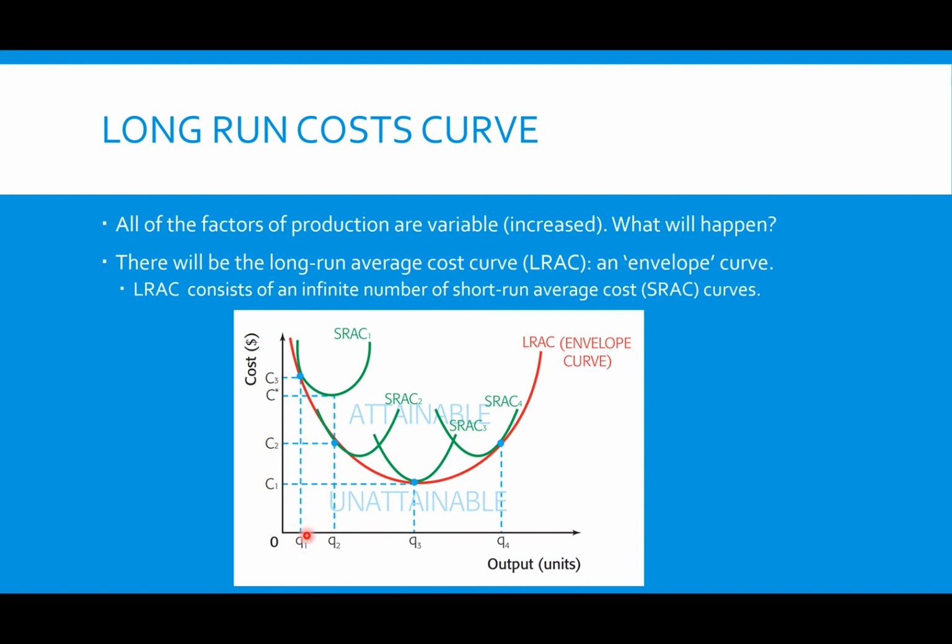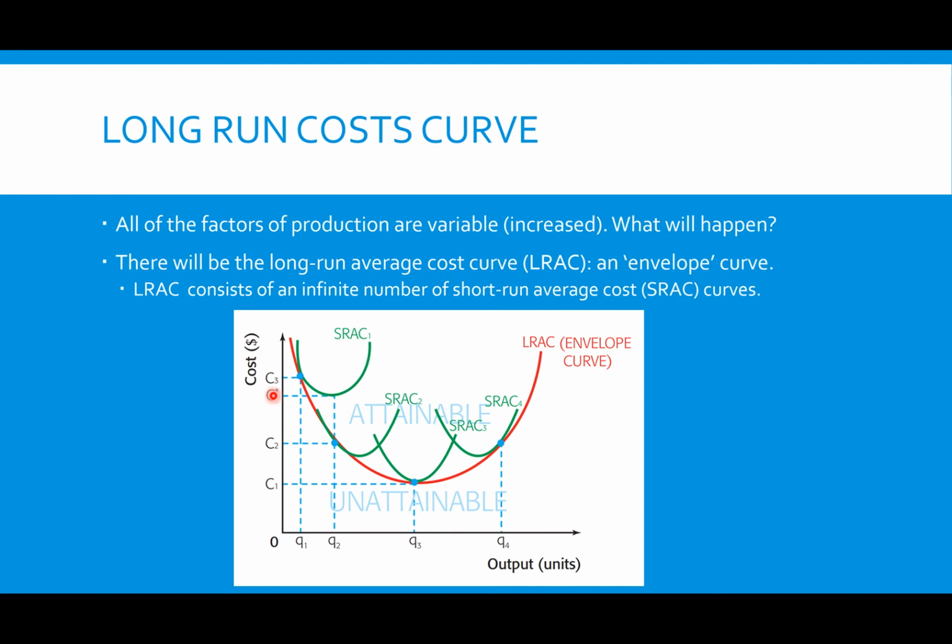Say the business was producing the output of Q1 where the cost is C3, but there is a rising demand for their product. So the Q1 output now shifts to Q2. What will happen? The cost actually decreases and becomes C star.